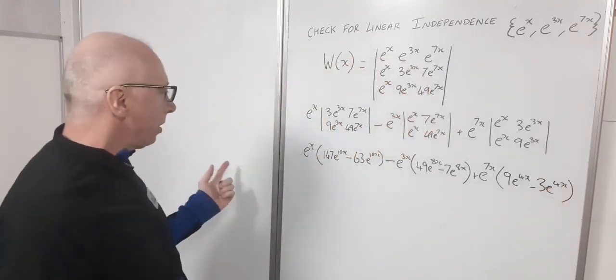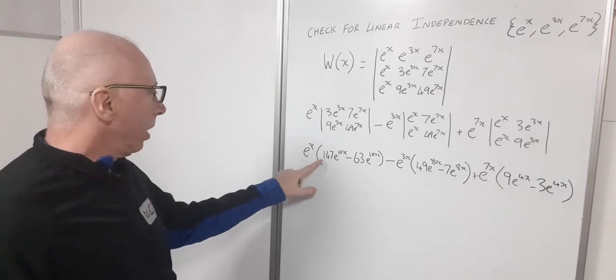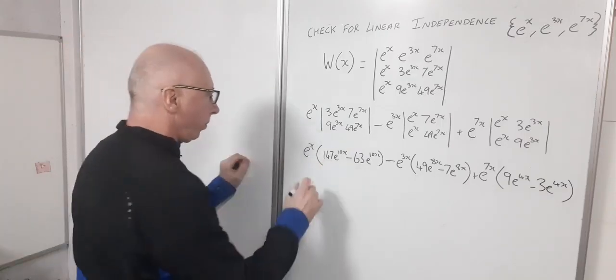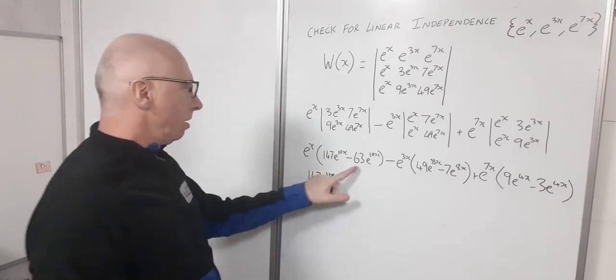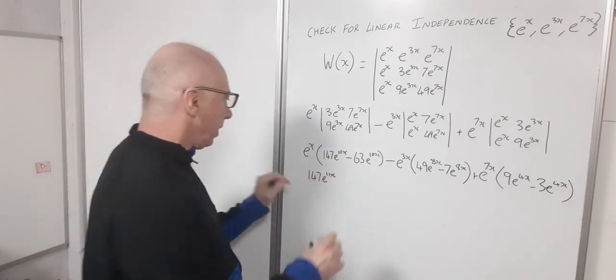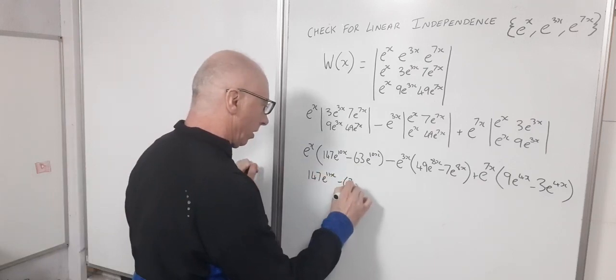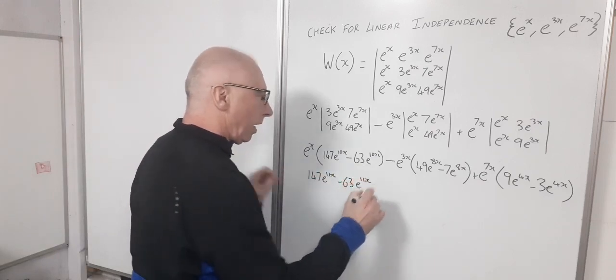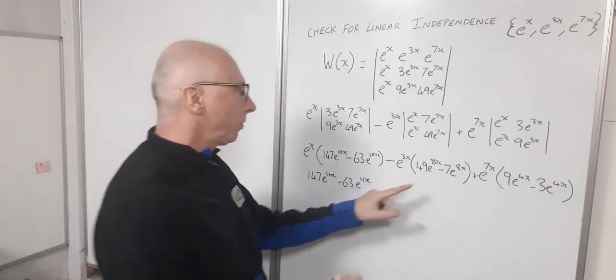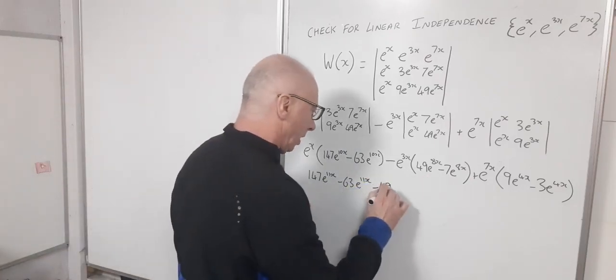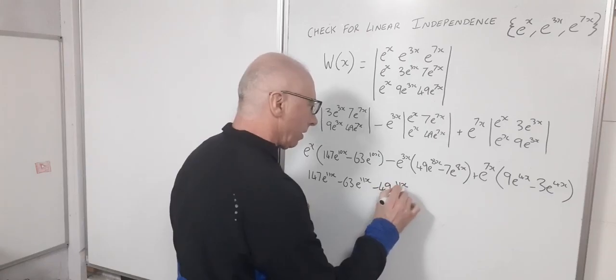Okay, let's simplify what we've got here. This times e to the x is 147e to the 11x minus 63e to the 11x. And here I've got minus e to the 3x times this, so now I've got minus 49e to the 11x.